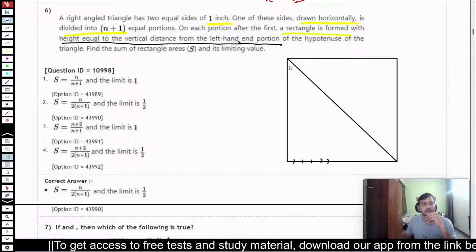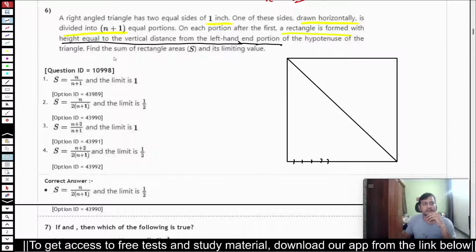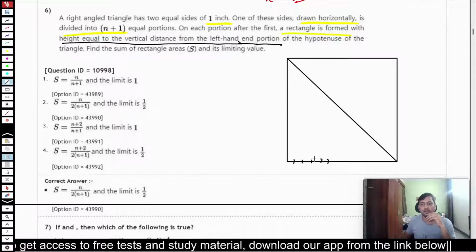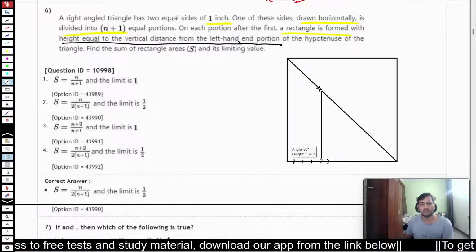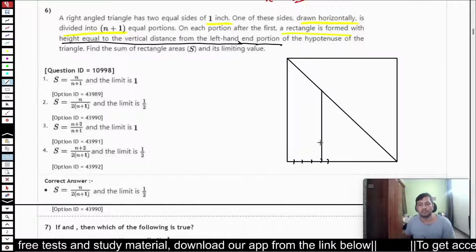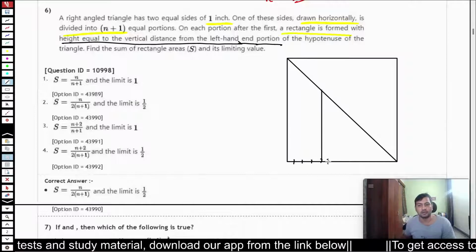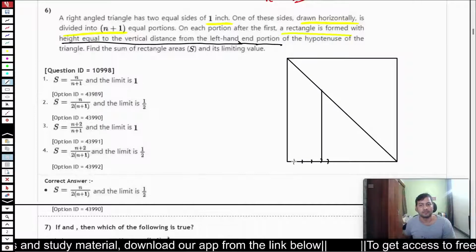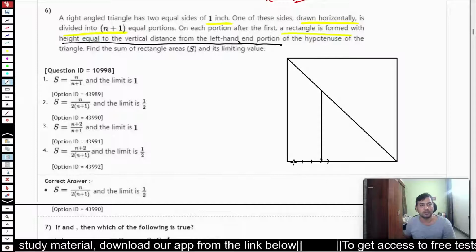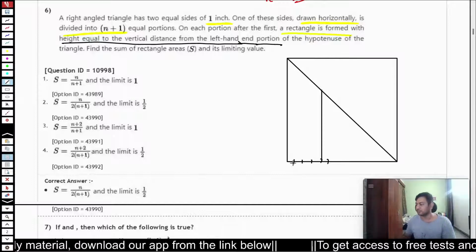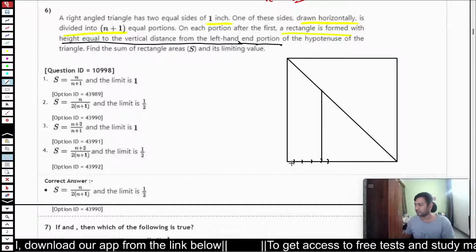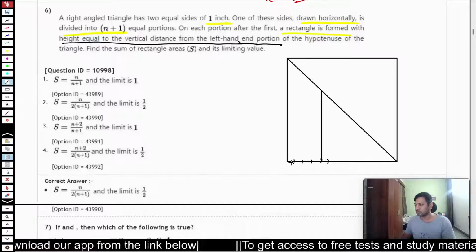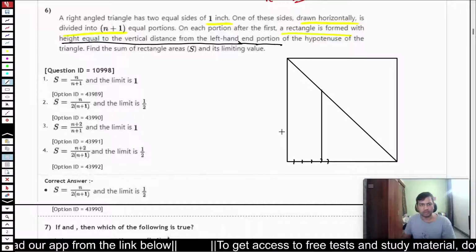So what will be the height of this portion? If I want to know the height of this portion, so this is the height of the rectangle. So what will my first rectangle be? My first rectangle would be this one.